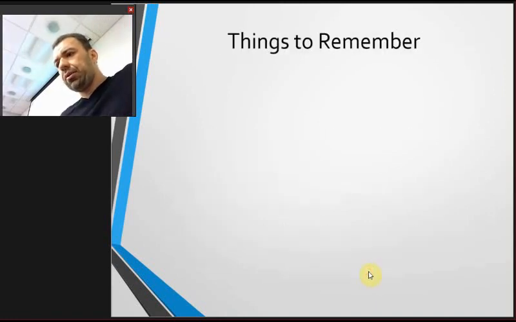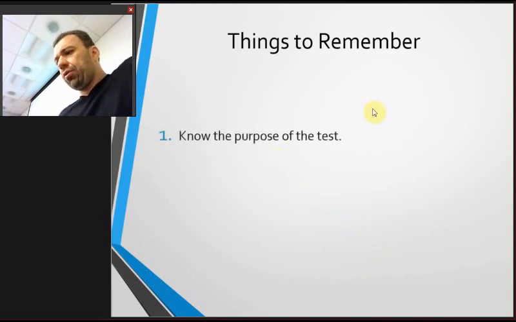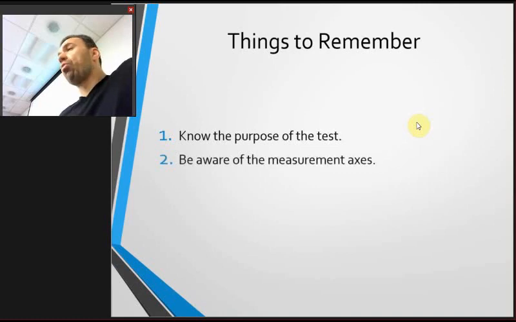We're almost done. I want to summarize this presentation with several things to remember. First of all, before you do the test, know the purpose of the test. Don't start without knowing this. Be aware of what you are measuring and in what direction. This tends to be very important when you have more complicated structures than a standard beam.